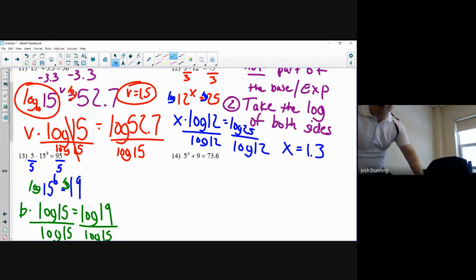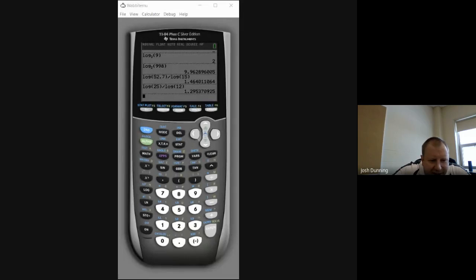And again, you can probably guess what I'm going to do now. I'm going to switch to my calculator and type that in again. Log of 19 divided by log of 15.